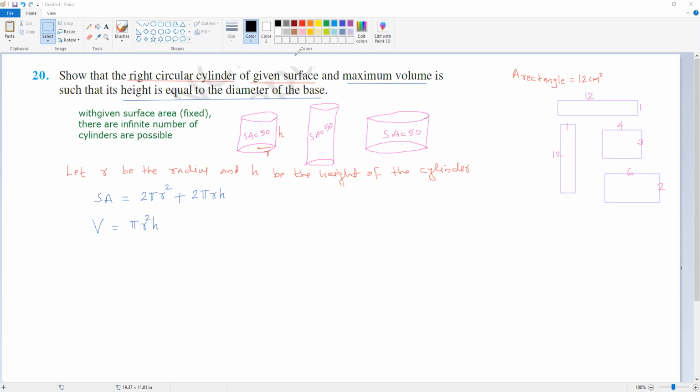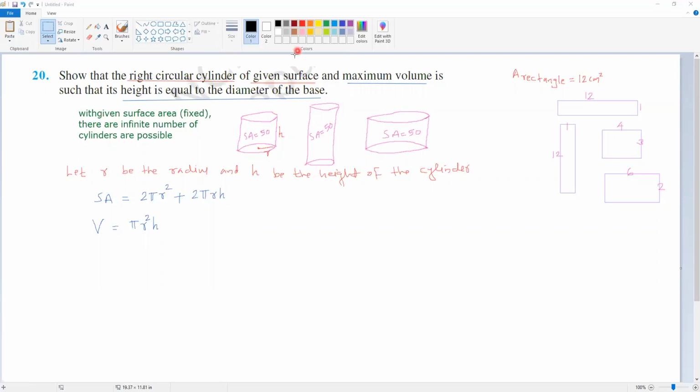Here you can see that there are two variables, radius and height. Both are variables, they will change. So second step, what I told you is we have to change this into one variable using the given fact. Here a fact is given that surface area is constant.